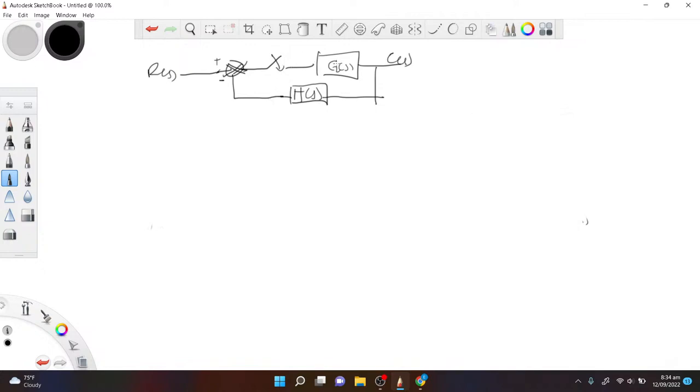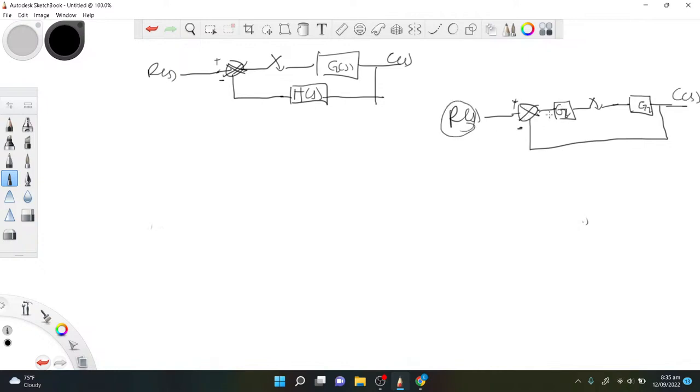However, if the block comes before the sampler, something like this, R of S going to another block, that means that your input will multiply this block before it is sampled.